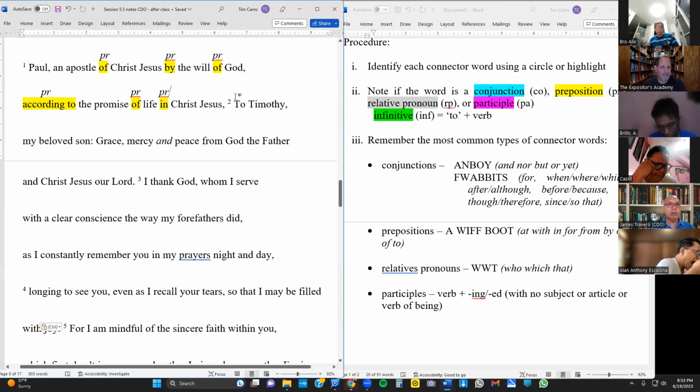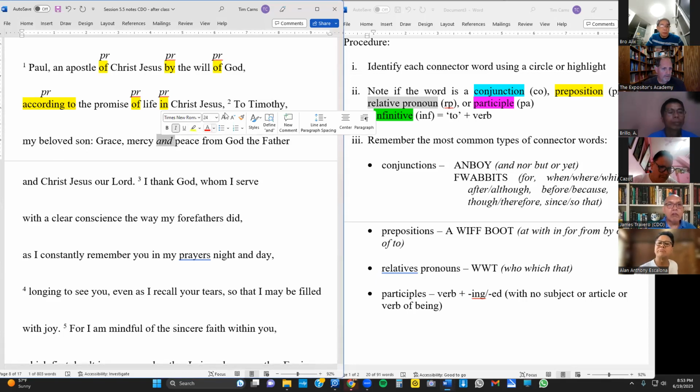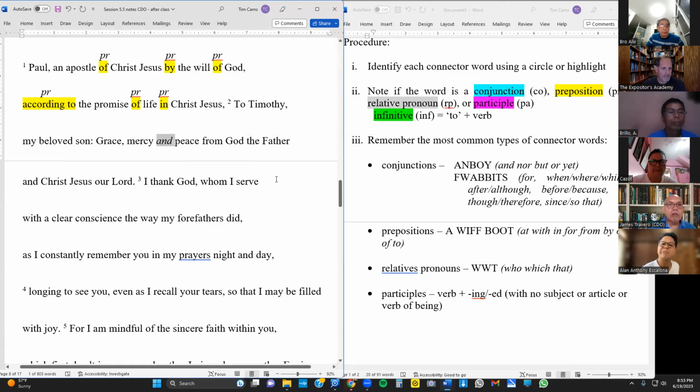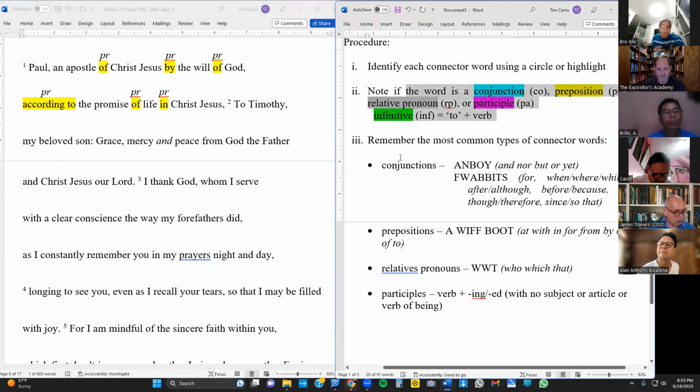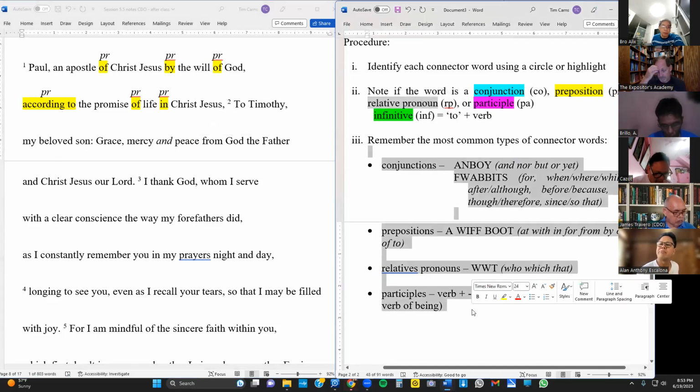Yeah, starting with 2 Timothy. Okay, so connect... Okay, here, this one. And what kind of connector word is that? Remember you got your hints over here.